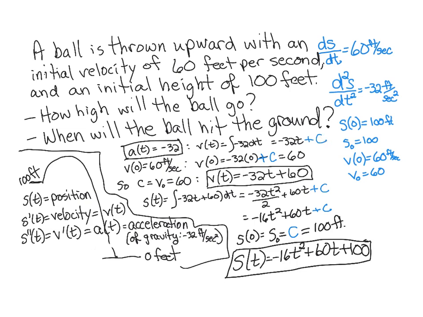But if I plug 0 into this function, my initial velocity, v naught, this guy goes away, I'm left with my constant, and that is 60. So you can remember that velocity is minus 32t plus v naught. It's always that. I'm going to make a note at the bottom here. So velocity is always minus 32t plus v naught. All right?